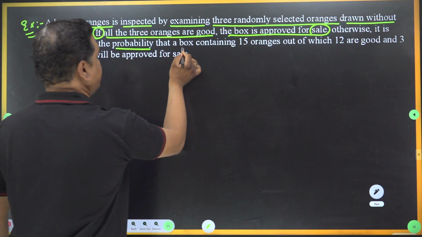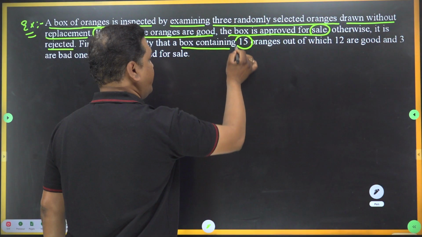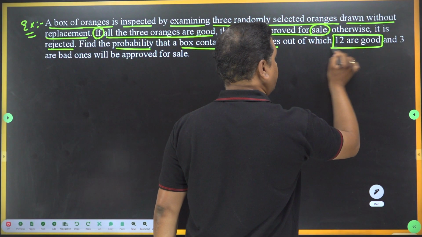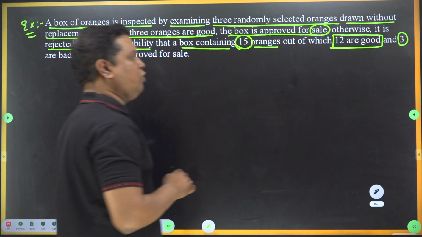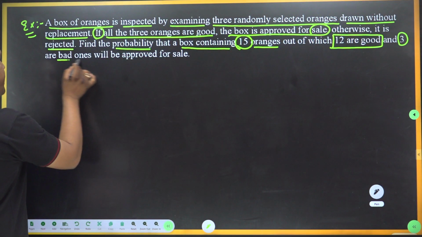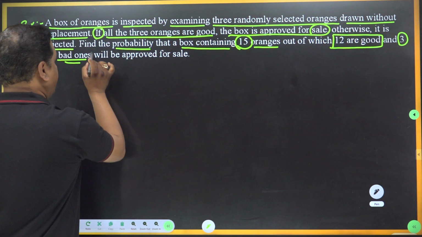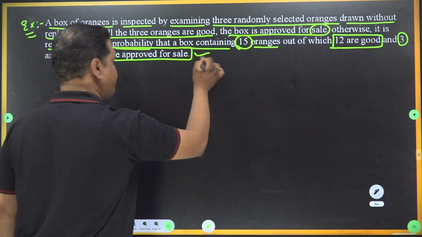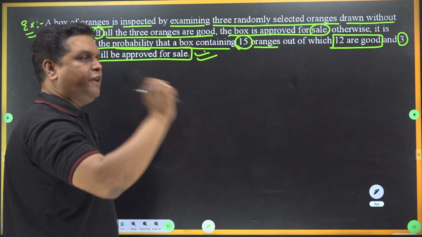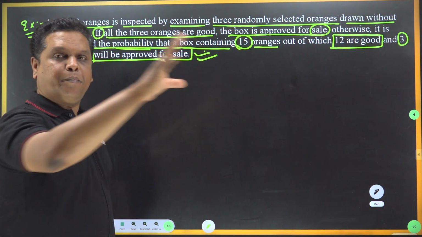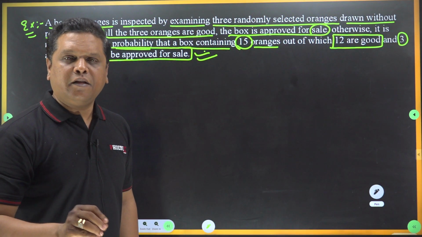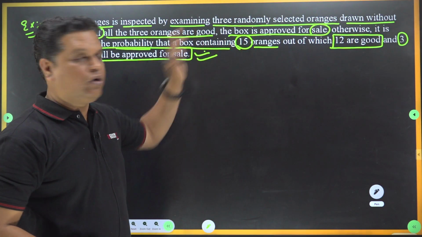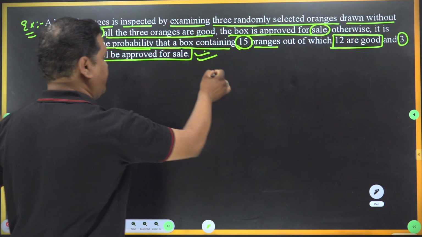Find the probability that the box containing 15 oranges, 12 are good. This one is the main thing. 12 are good, 3 oranges are in bad condition, and the box will be approved for sale. That means it is already given that the box is approved for sale. That means all 3 oranges you have selected are in good condition, without replacement.